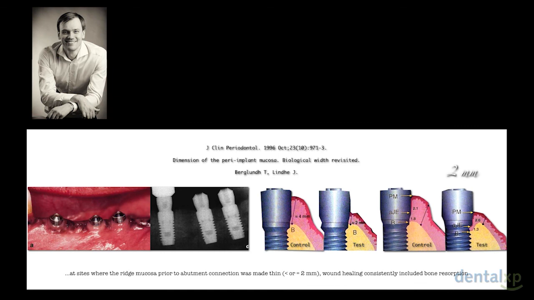And they did a really simple and nice experiment. They took dogs. In one case, they had thick vertical soft tissues, 4 millimeters, and around other implants, they cut the tissues by half, thinned them to about 2 millimeters, and then everything was sutured.